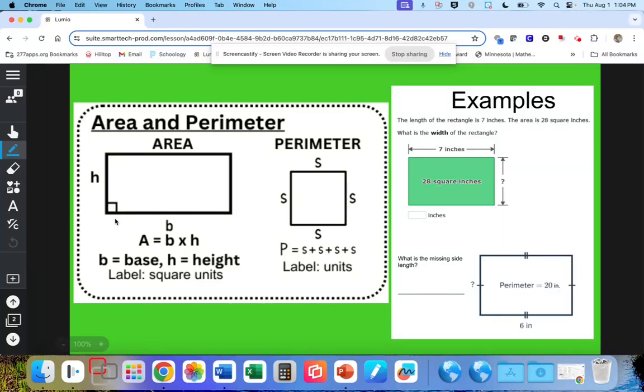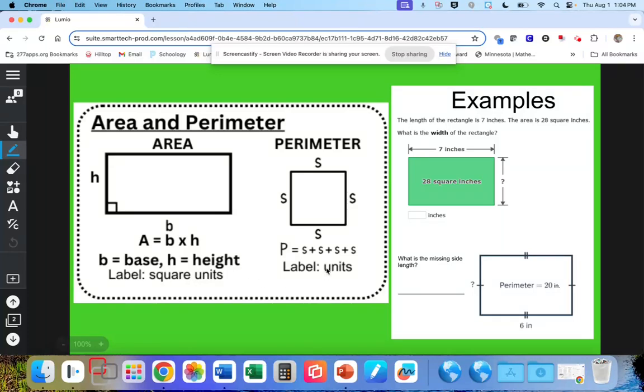And because it is a base and a height, that means it's two dimensions that we're looking at. So our label needs to be squared. So it could be squared units, squared feet, squared inches, squared miles, any type of square, but it always has to have that squared because we multiplied one dimension by a second dimension.